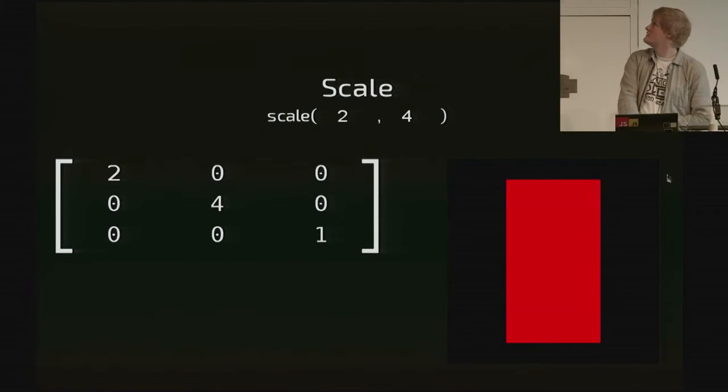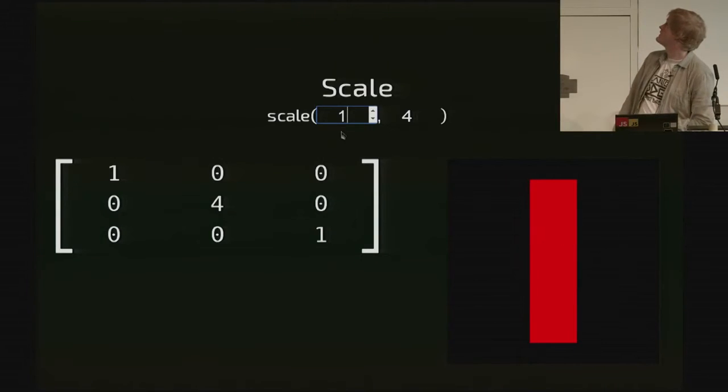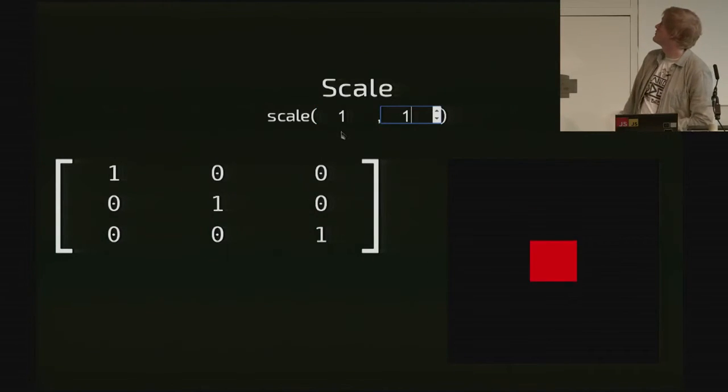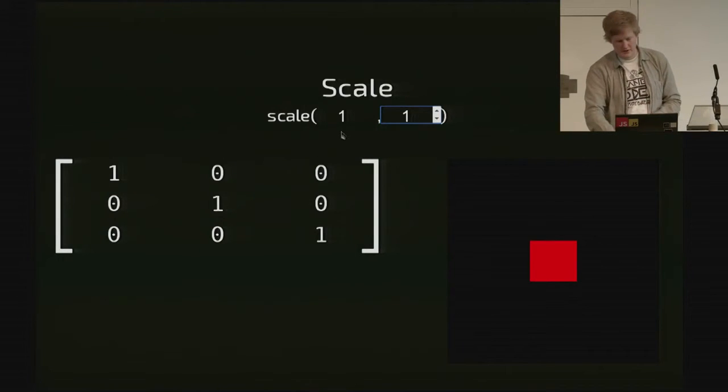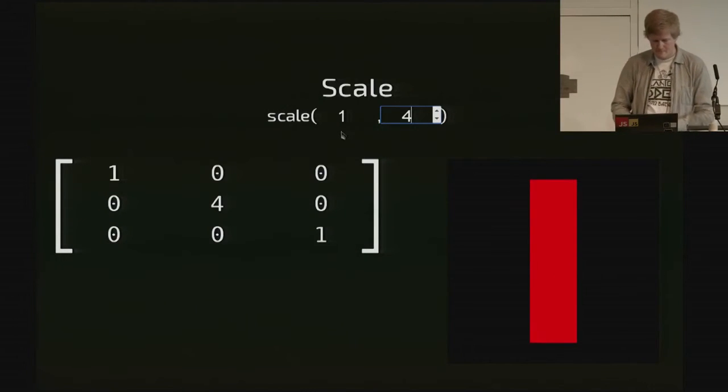In this particular demonstration, I have placed the origin of the system in the center, so that when I change the numbers, the box is scaled along the appropriate axis.